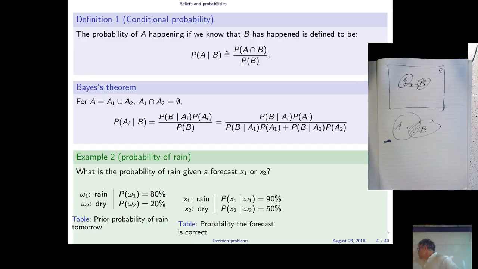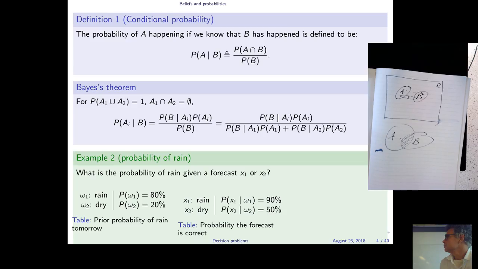That's fine. You see basically this term always appears in the denominator, either here or there, depending on the event you're talking about. And yeah, that's fine.